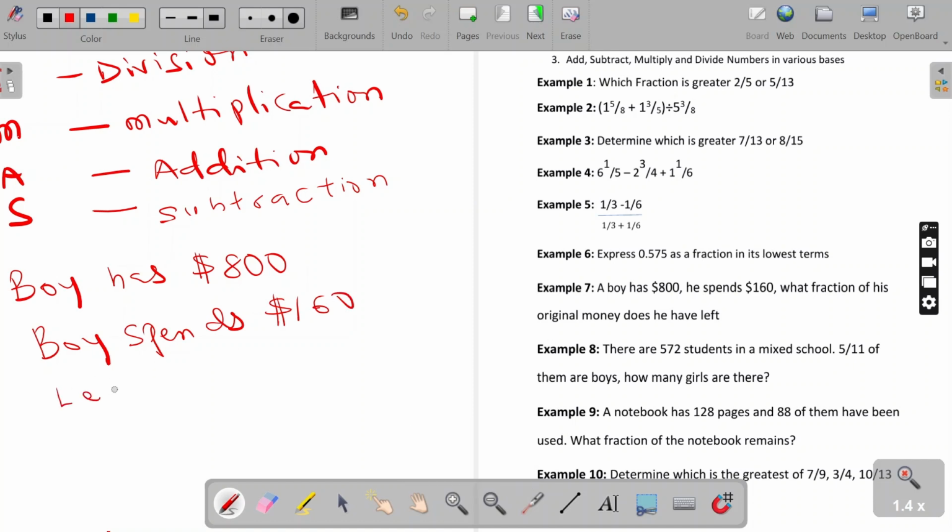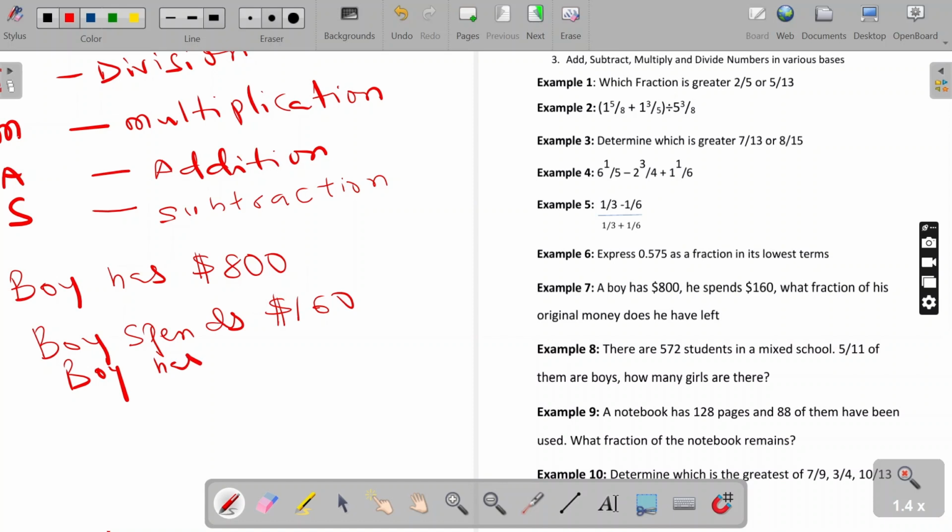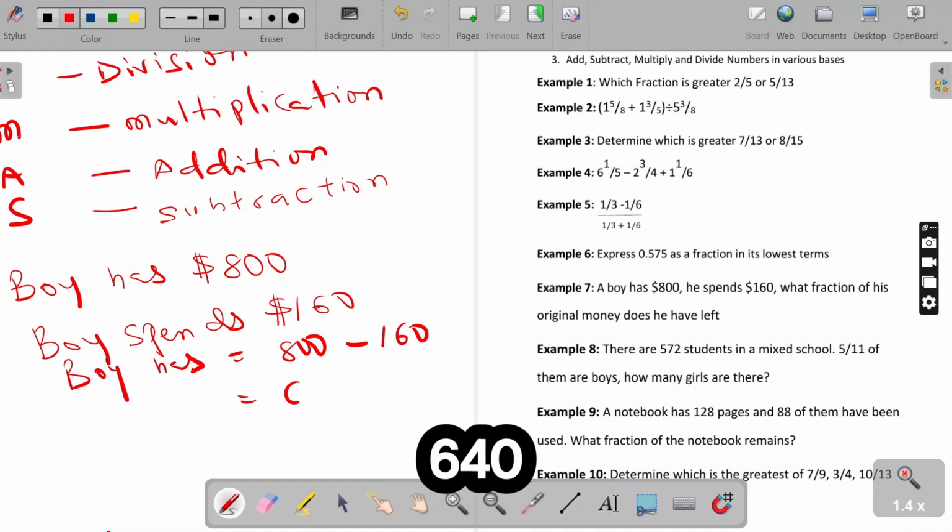So how many is left? Out of 800, he spent 160, so he will have 640 left.